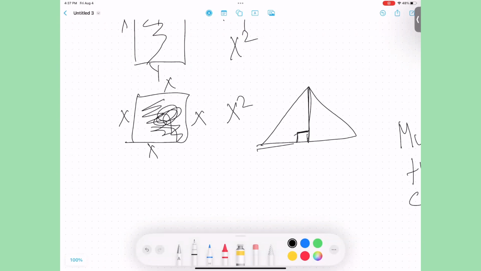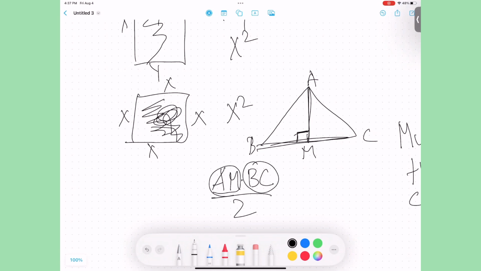So this is the base. If this is A, B, C, the area of this triangle is basically AM times BC over 2, because the area of a triangle is the altitude times the base, divided by 2. How can you know if this is the altitude of the triangle? Basically, the altitude makes a 90-degree angle with the base of the triangle.